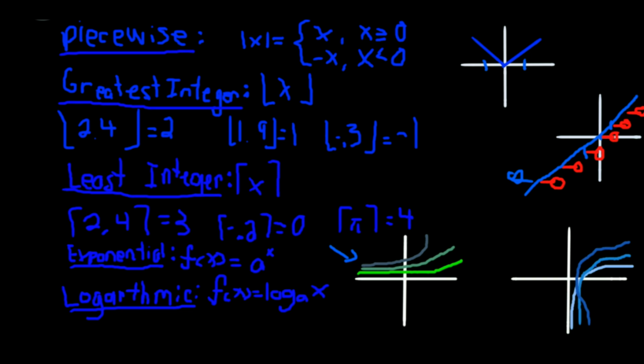So if we have base 5, that's the one in the middle there, that's kind of that aqua, and then finally this darker blue that I'm running along here is log base 2.